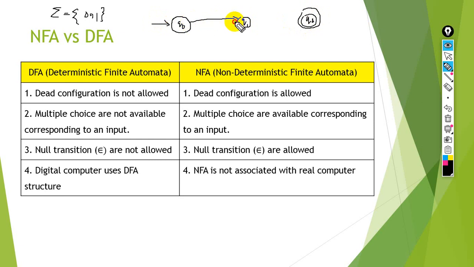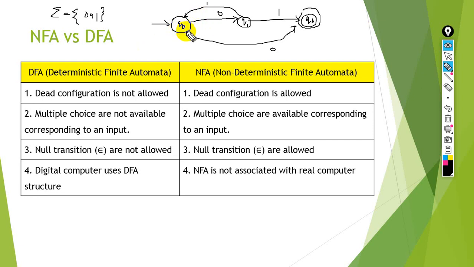So transition of 0, from here it has a transition of 1 for example, and has a back transition of 1 to Q0. If you look at this, here multiple choices are not available corresponding to an input.